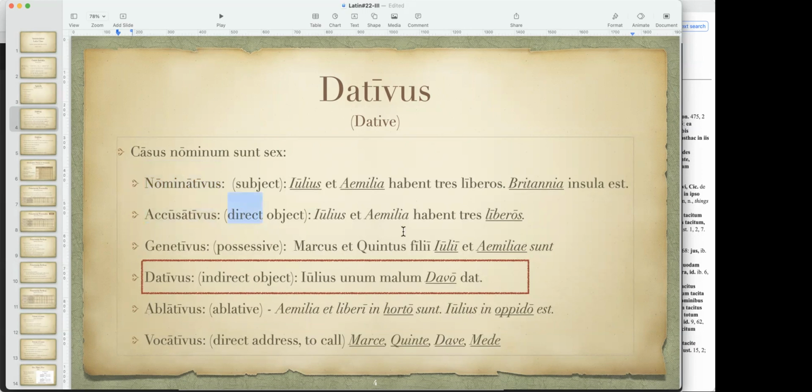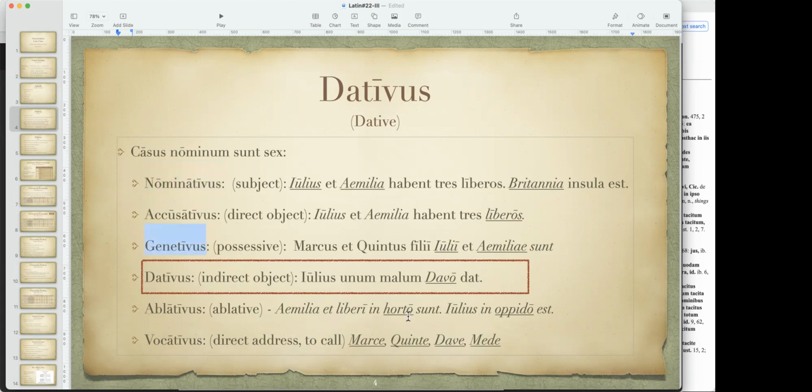Accusative is always a direct object. So Julius et Aemilia habent tres liberos, three children. Genitive is possessive. Marcus et Quintus filii Julii et Aemiliae sunt, so the sons of Julius and Aemilia.